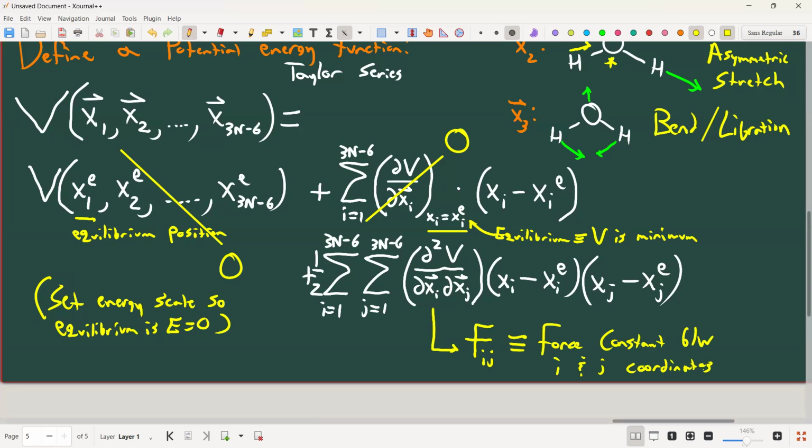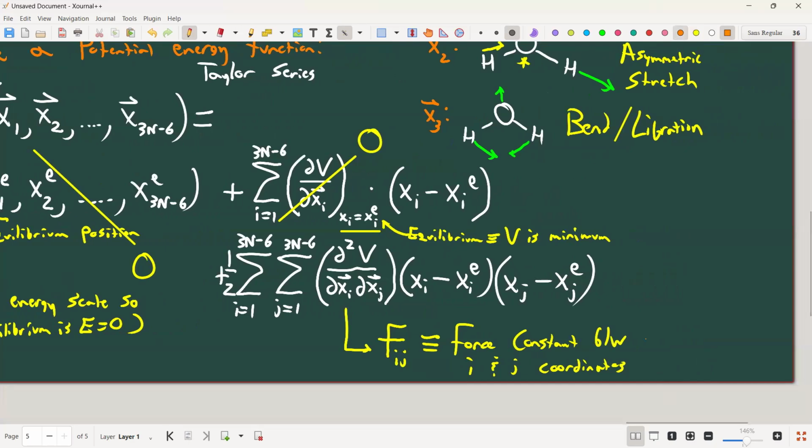This is just a number, and it has to be greater than 0 by definition, because we're at the minimum. By the second derivative rule, it has to be a positive value. So our potential is defined by these force constants, which are second derivatives with respect to these motions. We've got a lot of them.